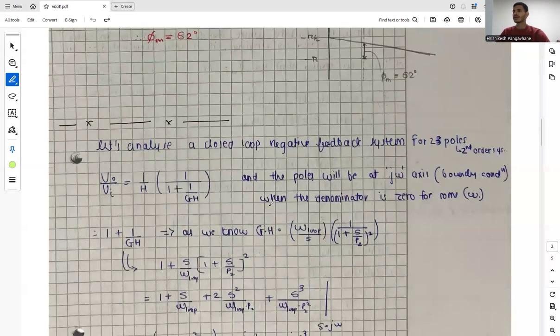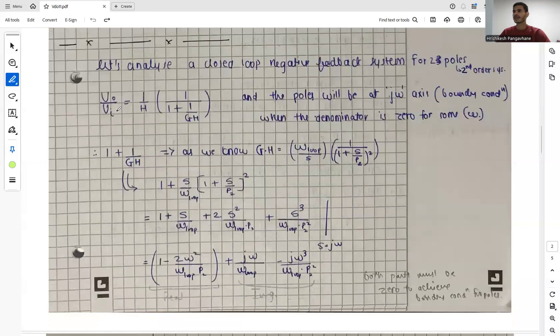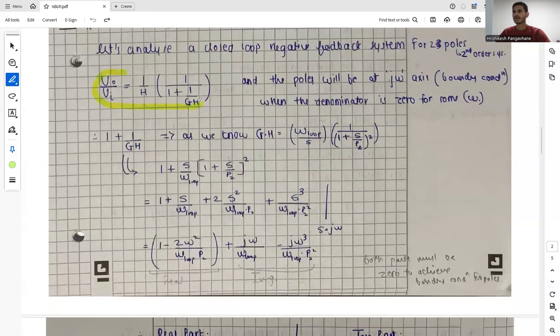So now let's analyze a closed loop negative feedback system for two poles, which is a second order system, or basically a third order system. And let's say we have a transfer function which can be modified to this. So this is nothing but G upon 1 plus GH, where the loop gain is GH, and the poles will be at the j omega axis, which is our boundary condition.